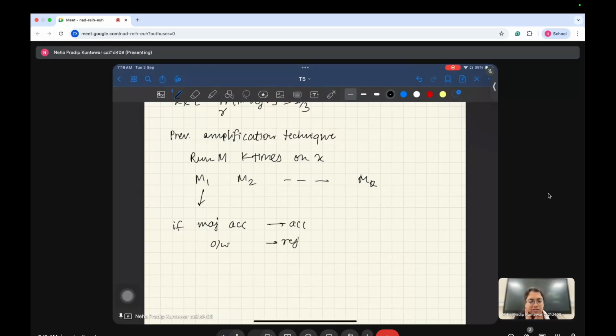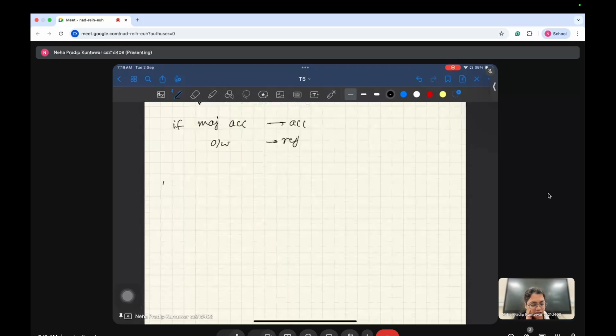Now let's analyze the probabilities. If x is in the language, what is the probability that we made an error? The probability that M makes an error is that the majority of the Mi's made an error.